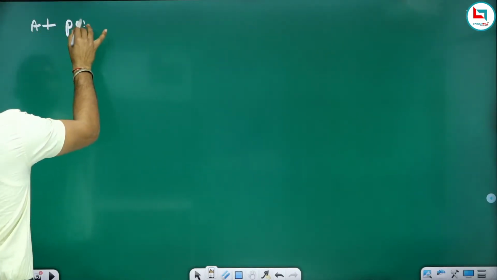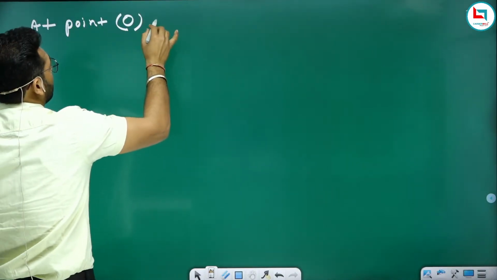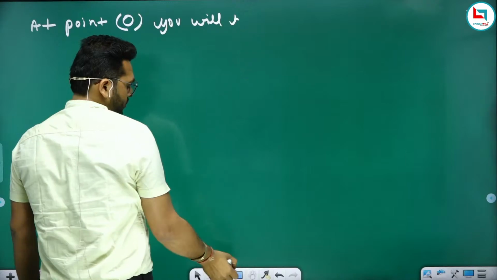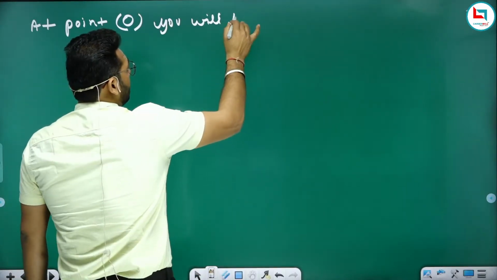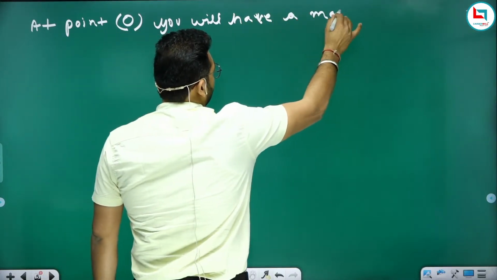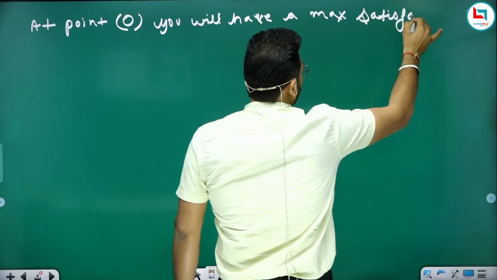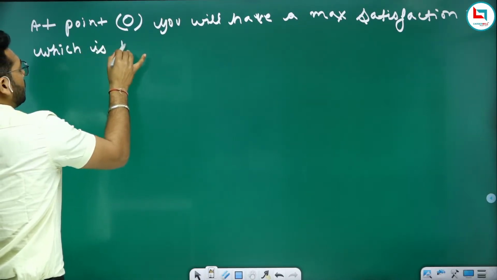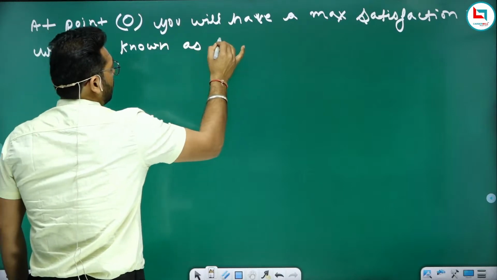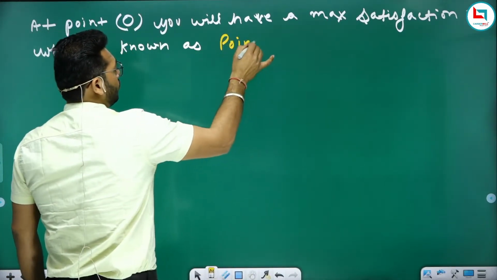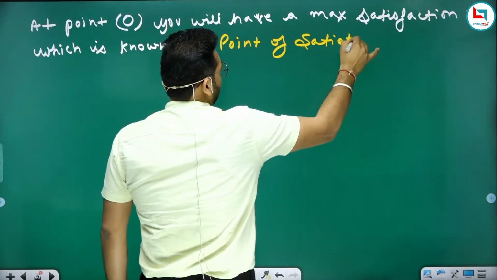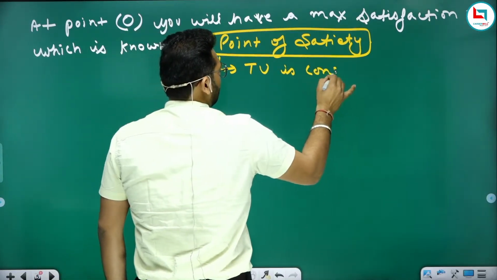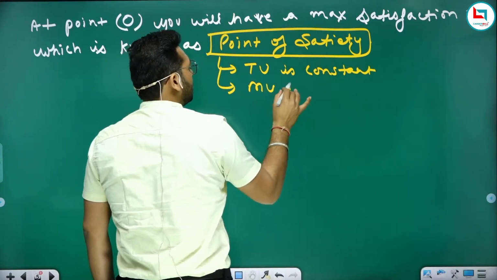At point 0 you will have a maximum satisfaction, which is known as the point of satiety, where TU is constant, or you can say MU is 0.